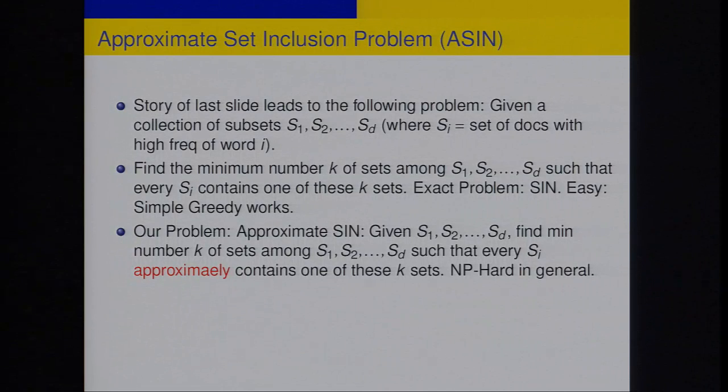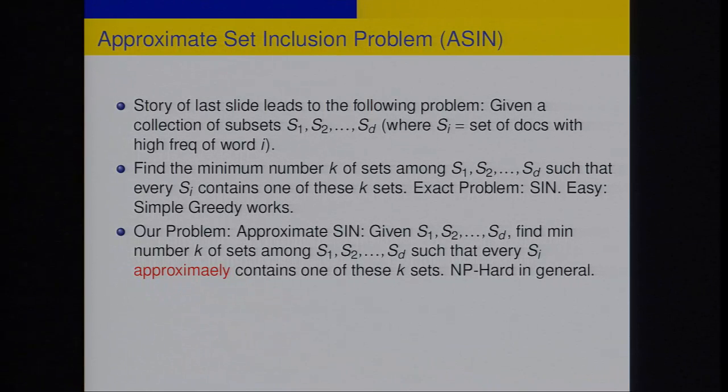So let's study this problem a little bit. By the way, it's a very natural combinatorial problem, but I don't know any study of this earlier. Somehow it's one of these simple set problems that apparently has escaped study, at least to my knowledge. One thing I want to remark is that for the exact problem, you just take the minimum cardinality sets in order.